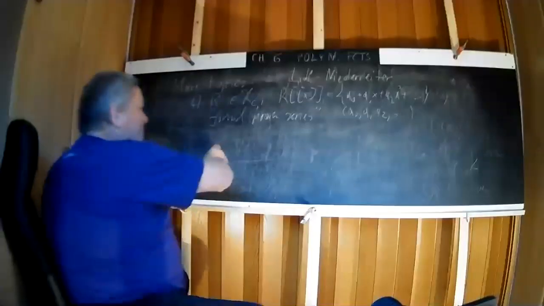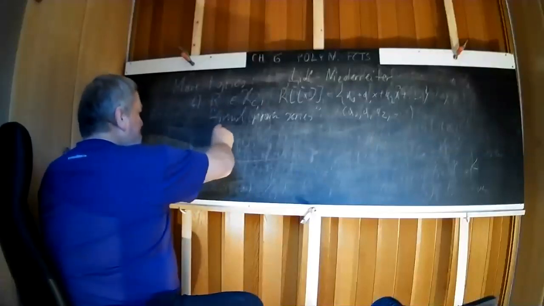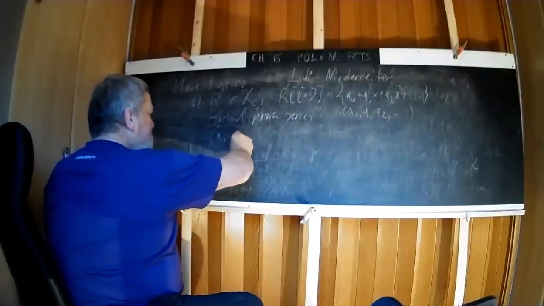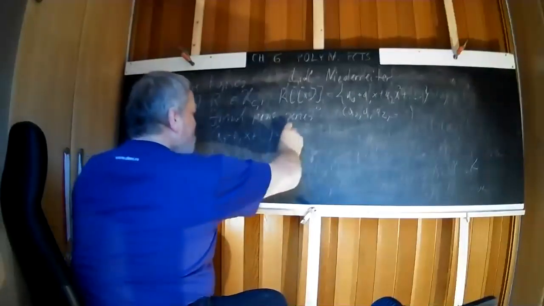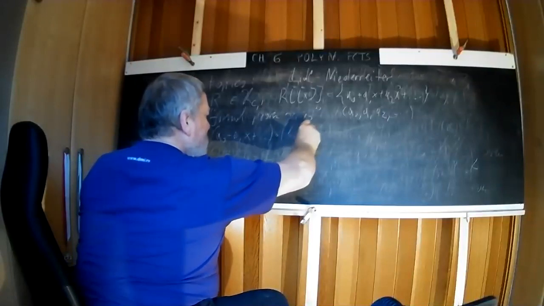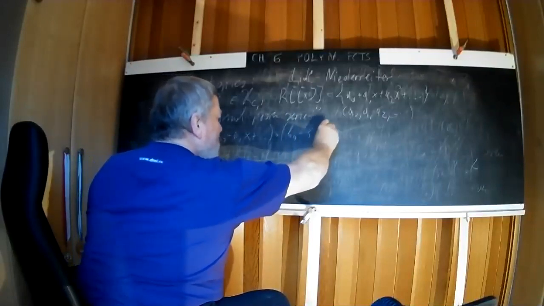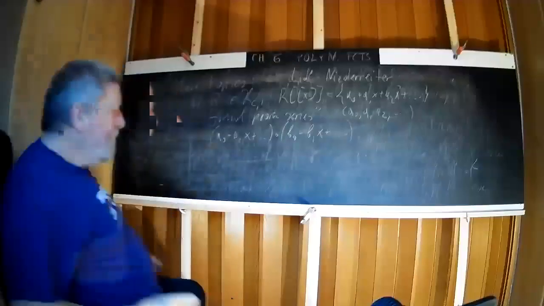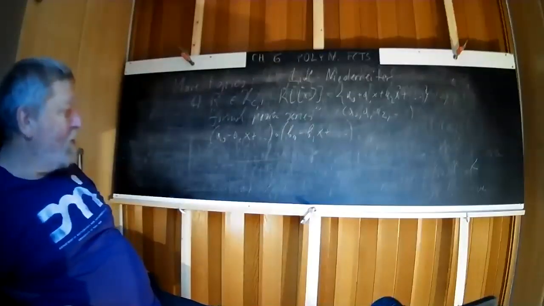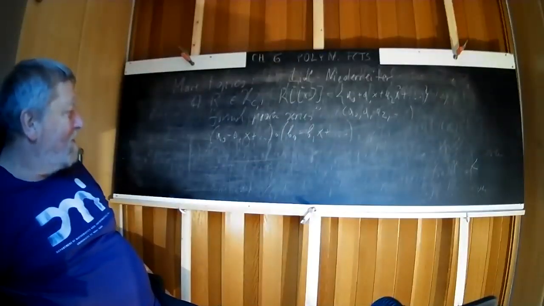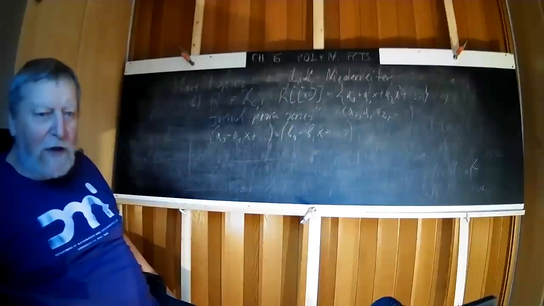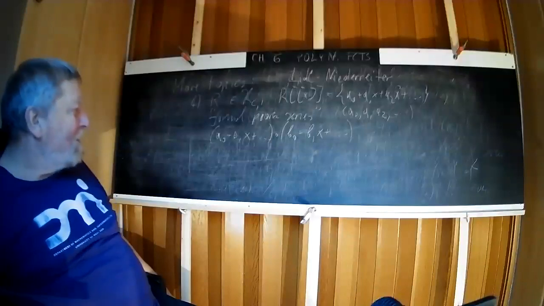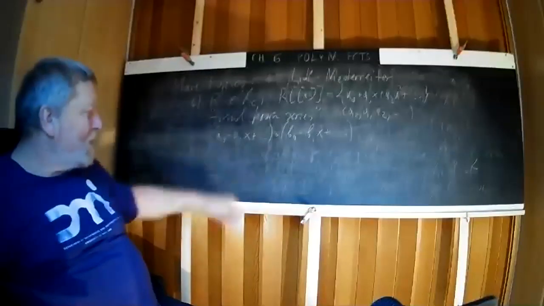So we can take the composition a0 + a1x + and so on, composed with b0 + b1x, and do the composition as usual, as one does it with polynomials. But now there is a very unexpected obstacle. What happens with the result here?